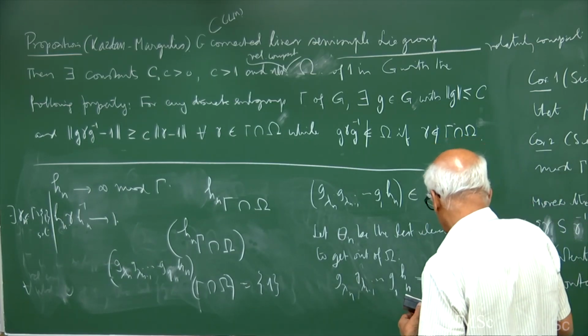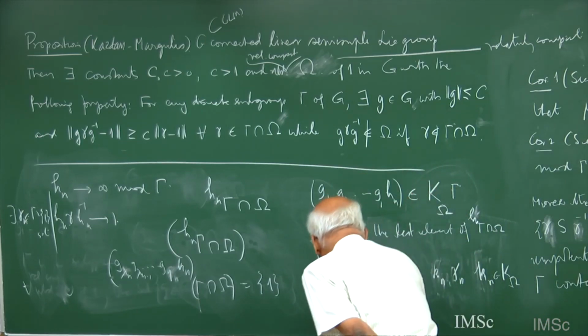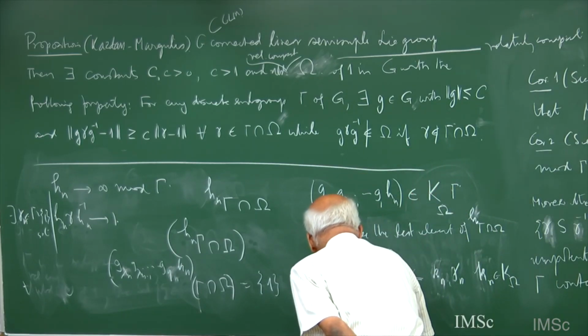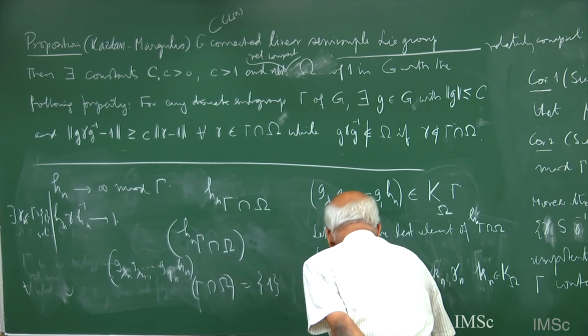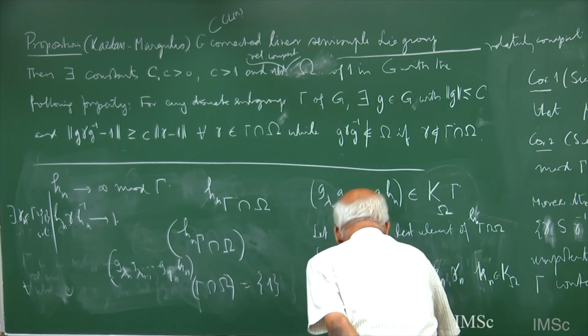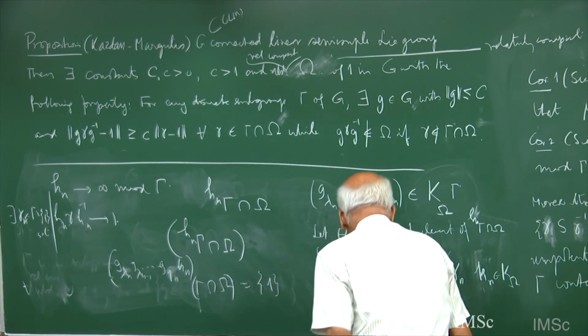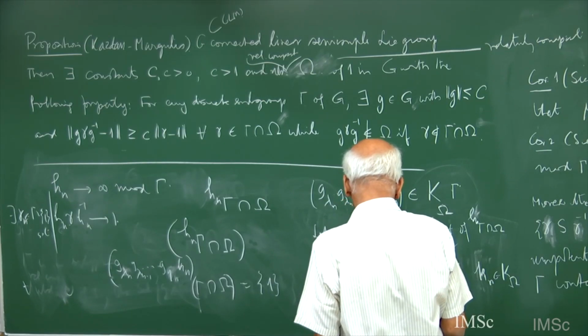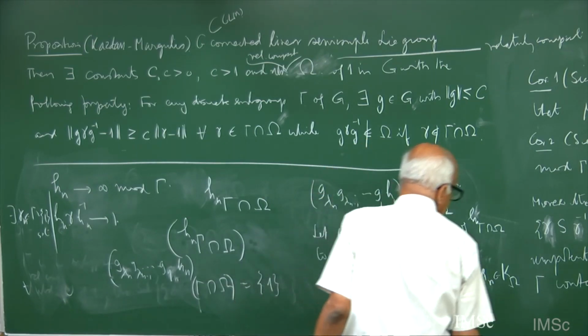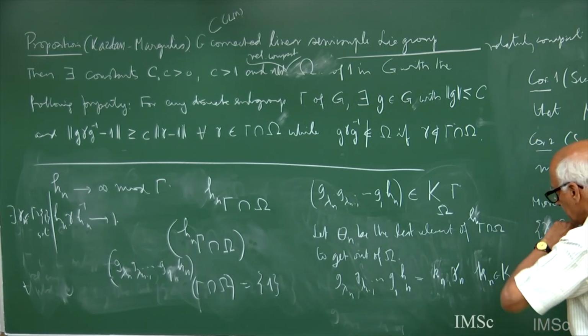Okay, and now we also know that g lambda n minus 1, g1 Hn, okay, I'm getting lost. So I don't know what's happening here. It is equal to kn gamma n with kn in k omega.